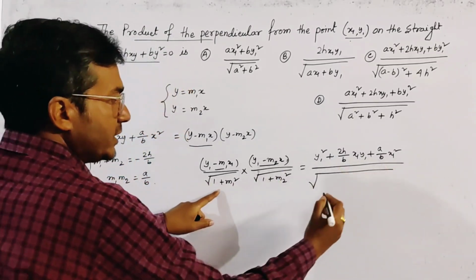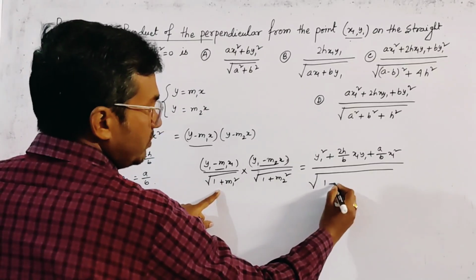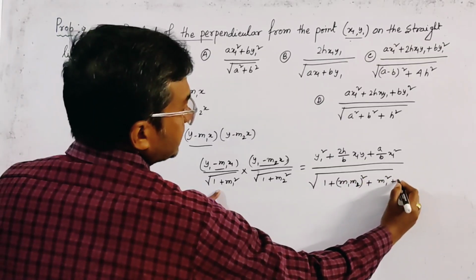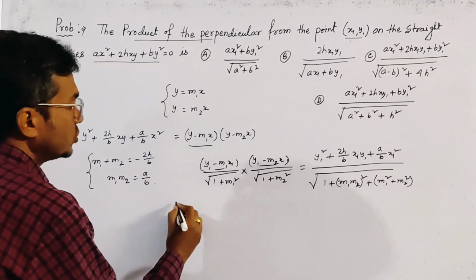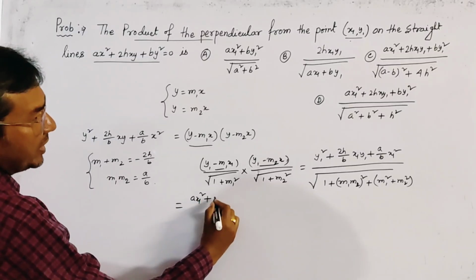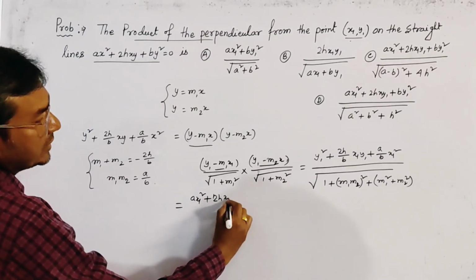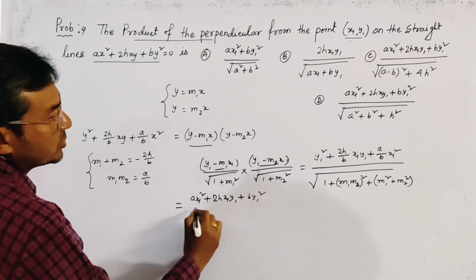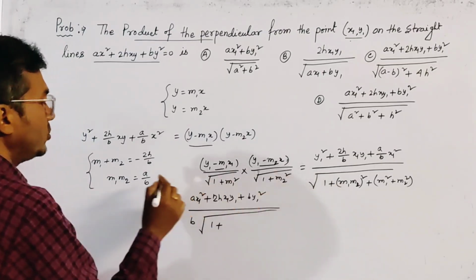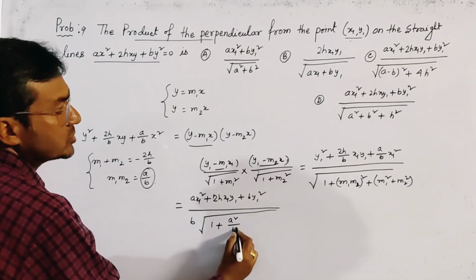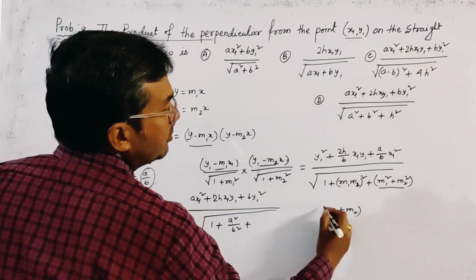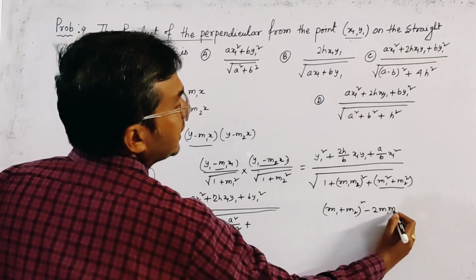From the denominator, multiplying these two factors, we get 1 + (m1m2)² + m1² + m2². So on the upper side of the fraction we get (ax1² + 2hx1y1 + by1²)/b, divided by the root of 1 + m1m2, which means a/b, so we get a²/b² plus (m1 + m2)² − 2m1m2.